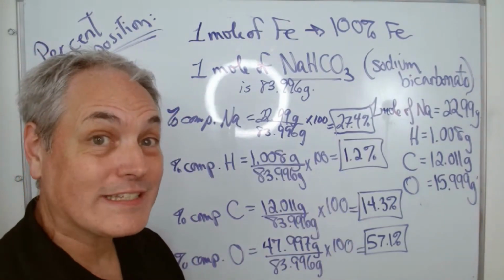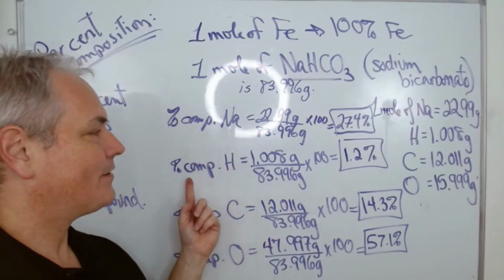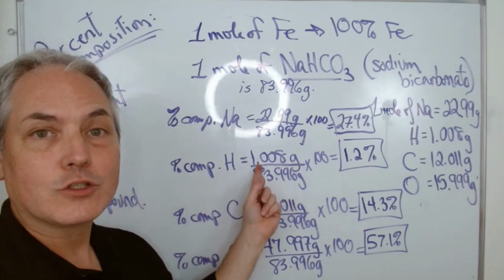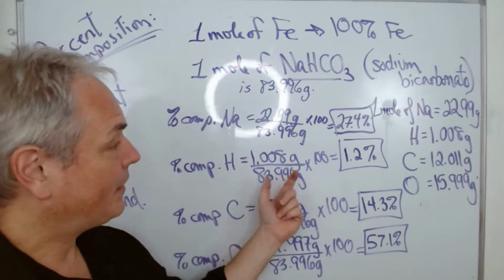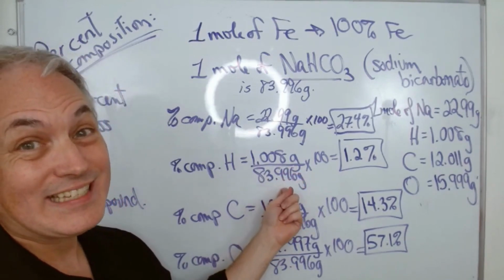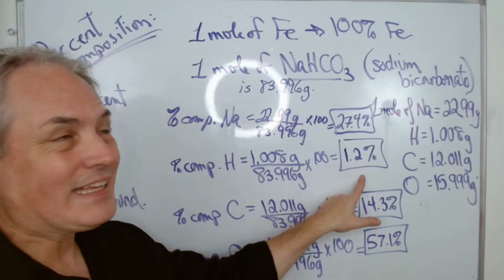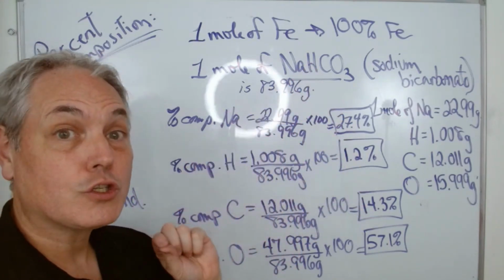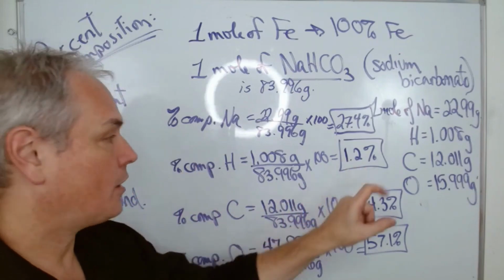Let's see what I just calculated: the percent composition of sodium. Now for the percent composition of hydrogen, with a molar mass of 1.008 grams, knowing that 1 mole of sodium bicarbonate is 83.996 grams, I do the division times 100. Hydrogen, being such a small atom, has a very small percent composition in the compound.